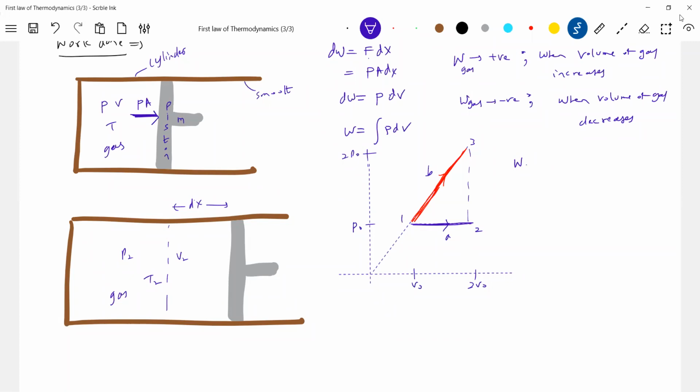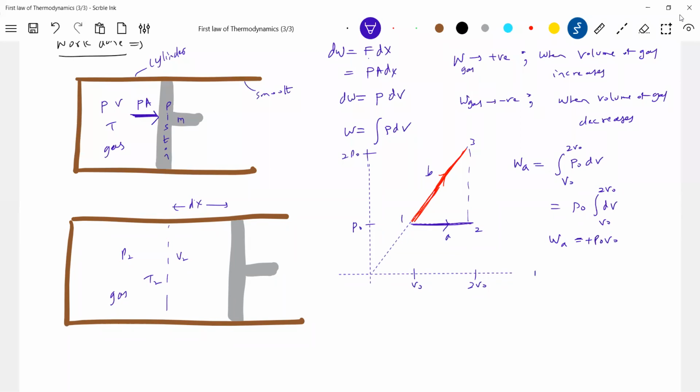So the work done along path A is pressure P naught times the change in volume, which is P naught V naught.